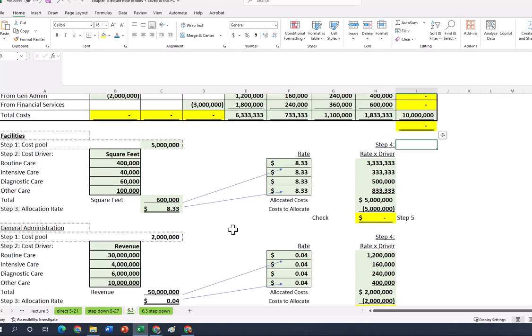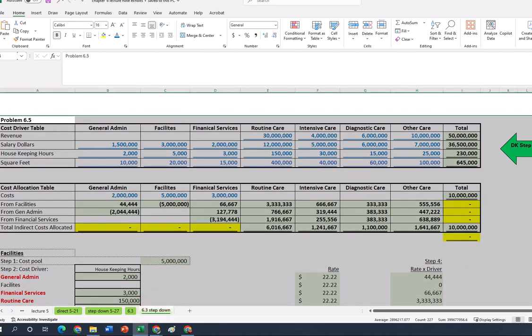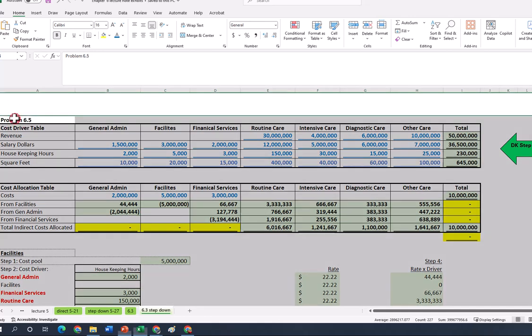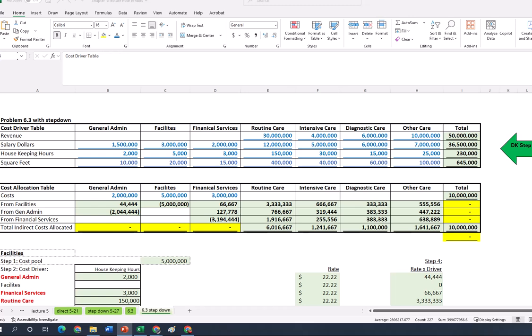Pretty straightforward if you follow good formatting. So for this problem, it's not really 6.3, it's 6.3 with step down. So let's take 6.3.